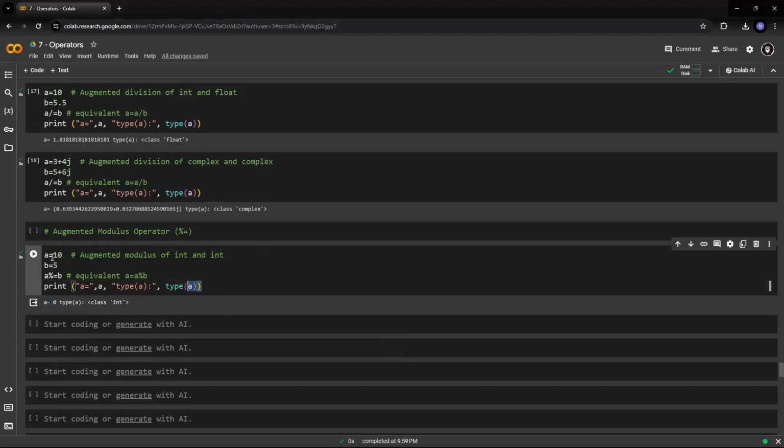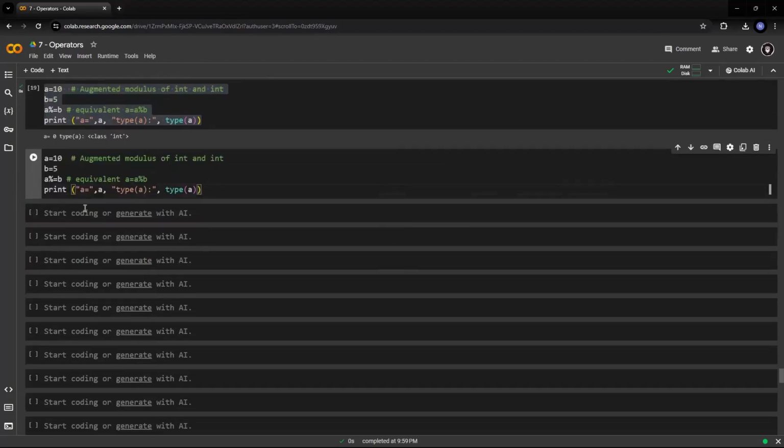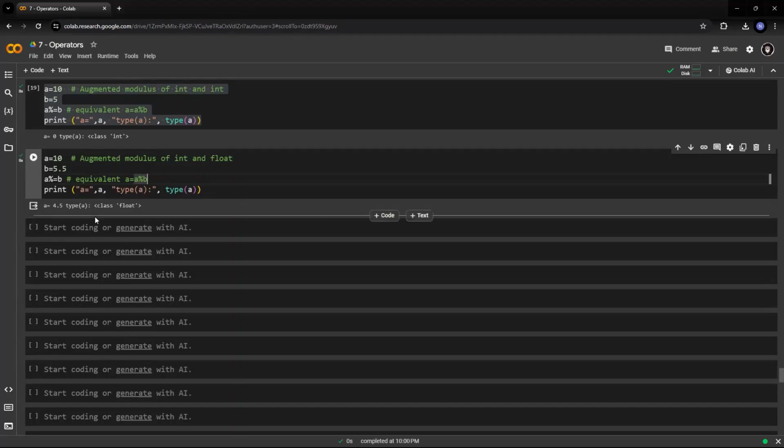So this is how the augmented modulus works. I am reminding this again and again because you need to remember the rules that we had for the arithmetic operators like plus, minus, modulus, division, and all. You need to be very careful while doing all these things because the rules would be the same as we had for arithmetic operators.